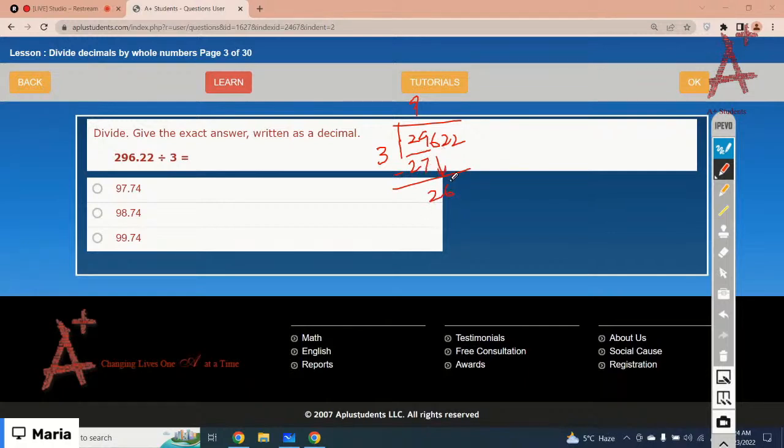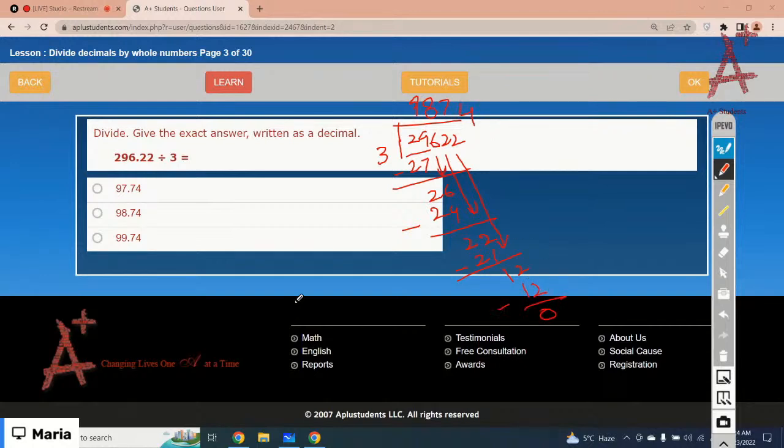Bring the next digit down. 3 times 7 is 21, 8 is 24. 3 times 8 is 24. 26 take away 24 is 2. Bring the next digit down. So you have to do 3 times 7 is 21. Got it? 22 take away 21 is 1, and bring the next digit down. It would be 3 times 4 is 12.